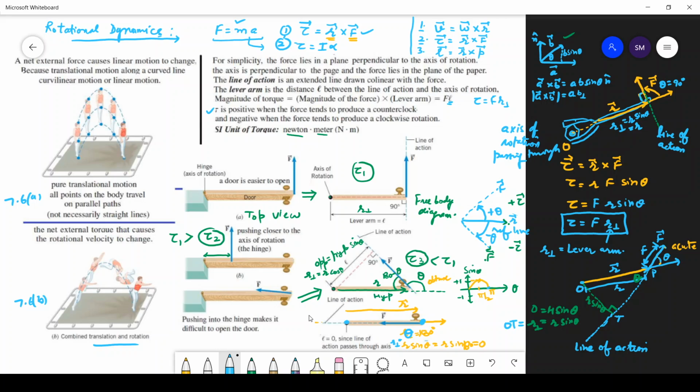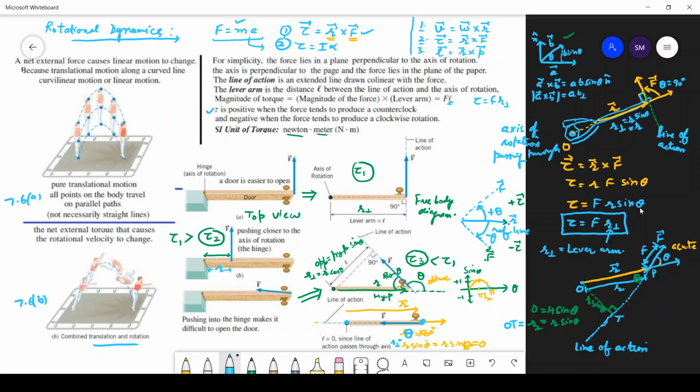Yes, sir. So write it down and try this with your door, applying the force over here. Tau is equal to r F sine theta. So if you reduce the force, tau will be reduced. If you reduce r, as here you have reduced r, tau reduces.